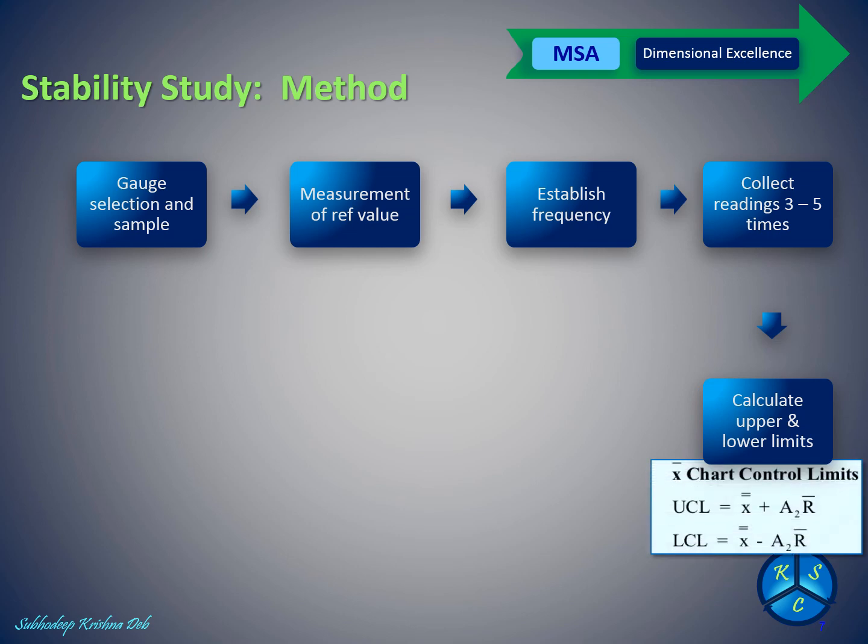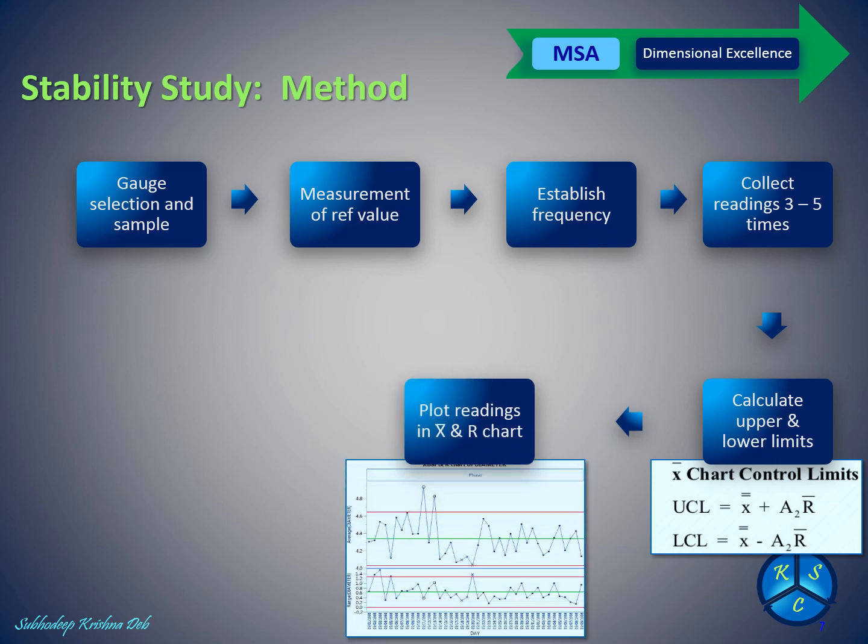Now with those readings, we have to calculate the X double bar, that is the average of the averages, and R bar, that is the average of the ranges, and A2 is a constant that comes from a statistical chart. Then using these, we have to calculate the upper control limit, that is UCL, and the lower control limit, that is LCL. Using all these data, we need to plot the X bar R chart.